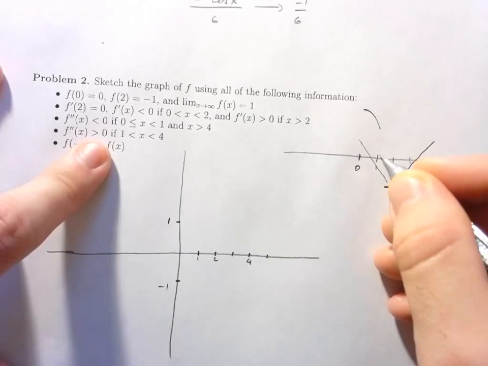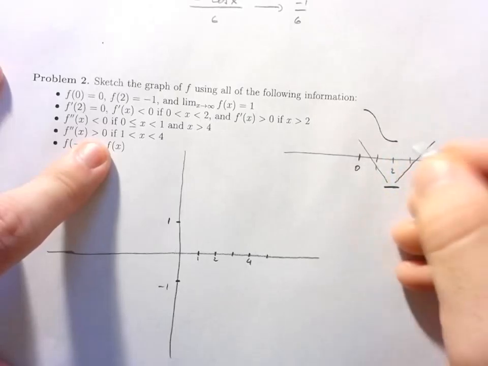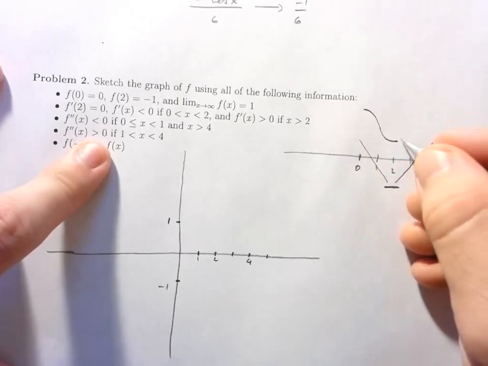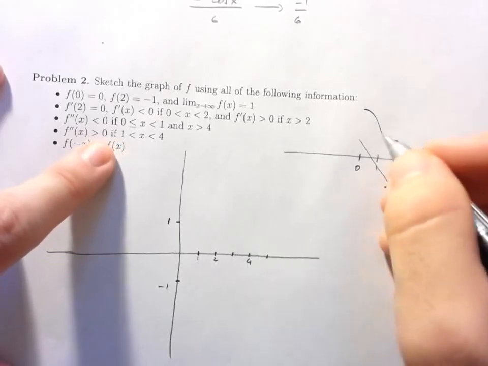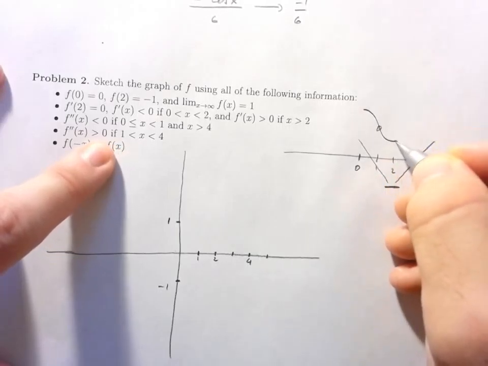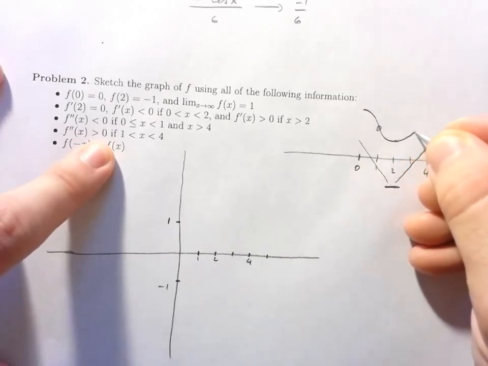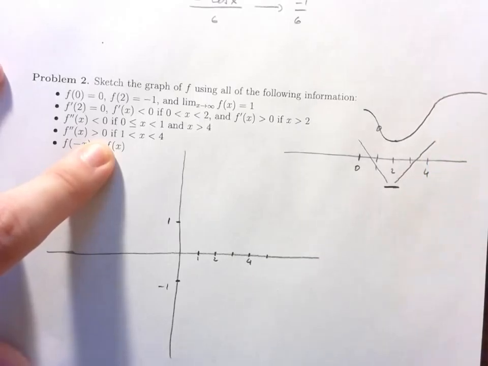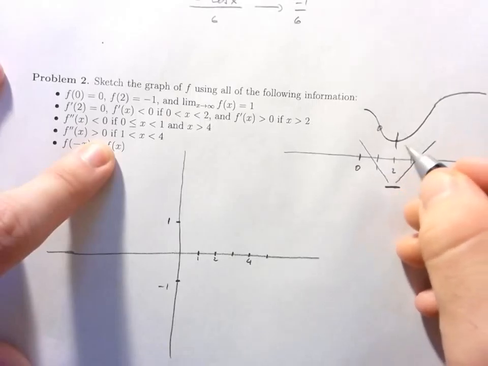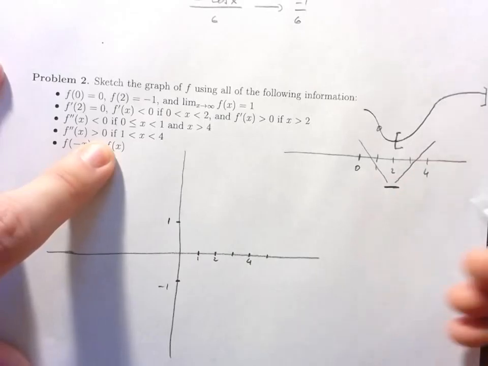So now I'm decreasing between 1 and 2, concave down, I hit my minimum, then I still remain concave up here, that's an inflection point. I still remain concave up until 4, and then I become concave down again, right? And all throughout the interval from 2 to 4, in fact from 2 to infinity I'm increasing, and from 0 to 2 I'm decreasing.